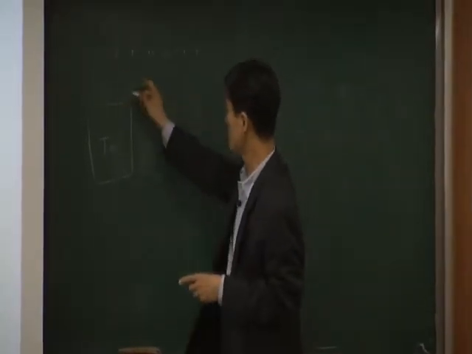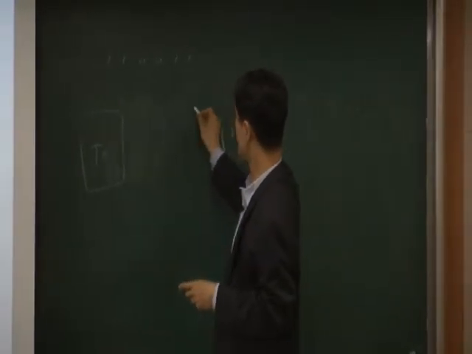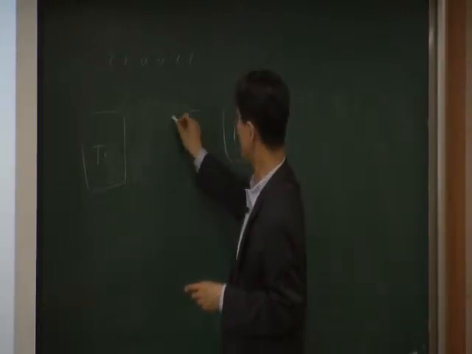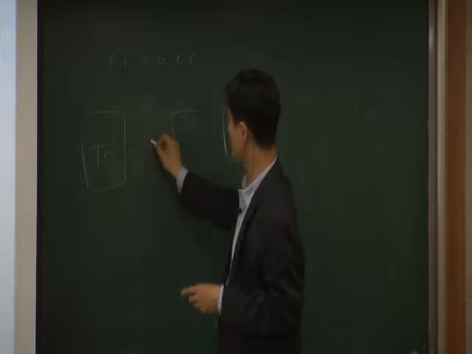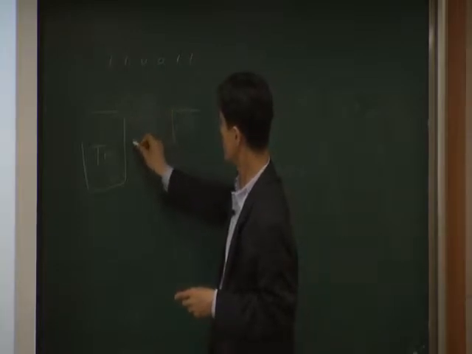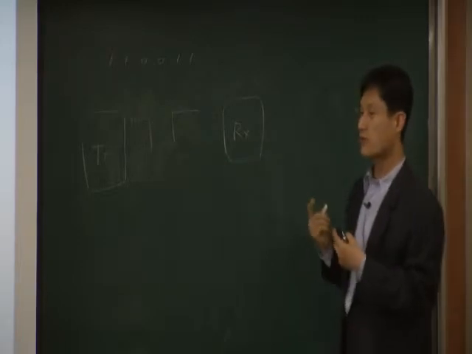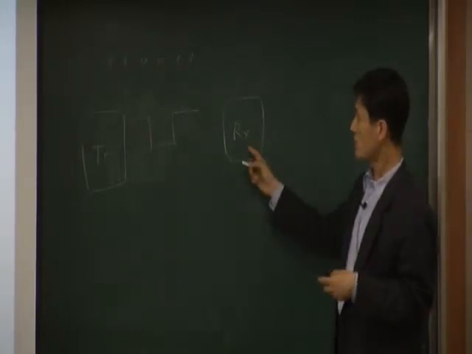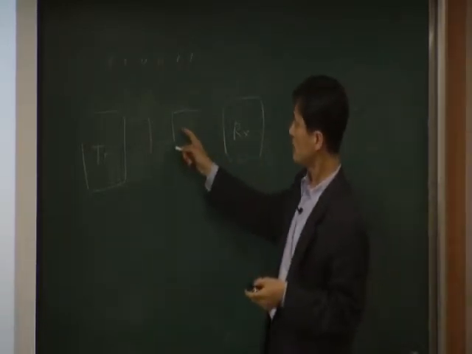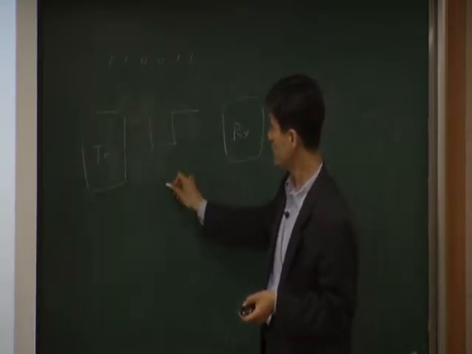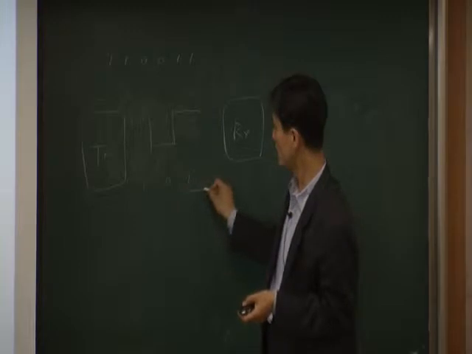You transmit 5 volts, another 5 volts, then 0, 0, 1, 1. But from the receiver's point of view, the receiver cannot figure out if this is 110011 or just 101 with a slower clock.